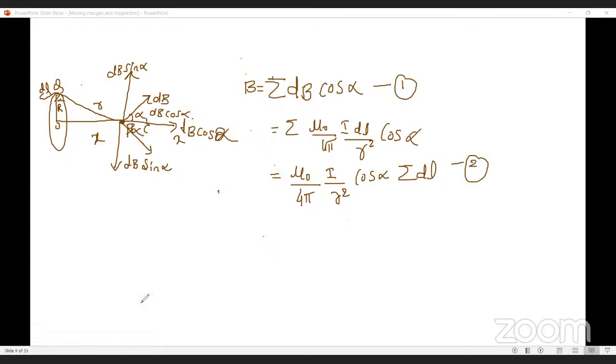Before simplifying the summation of dl, let me write what cos alpha is from the figure.